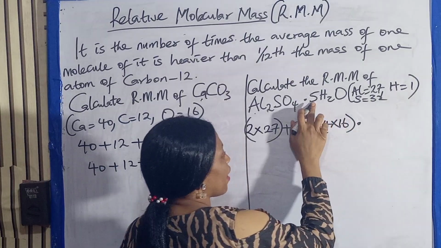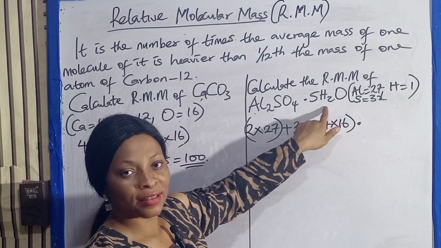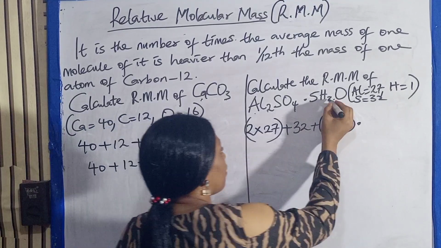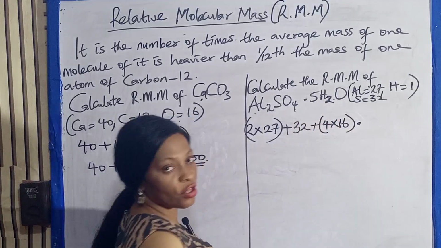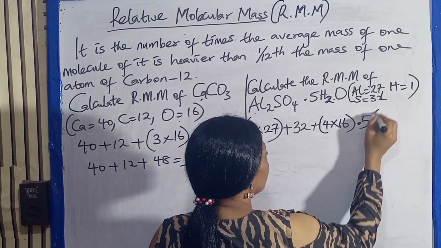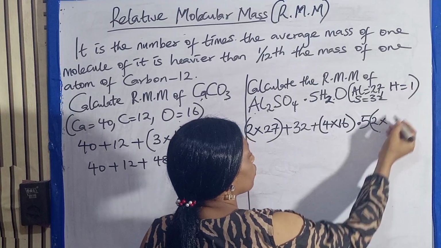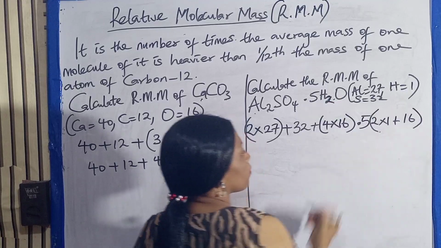Dot, there is 5. Now this 5 is affecting everybody. Everybody here is sharing this 5, are we together? But this 2 is being shared by hydrogen only. So what will it be? 5 into 2 times hydrogen, which is 1, plus oxygen, which is 16.